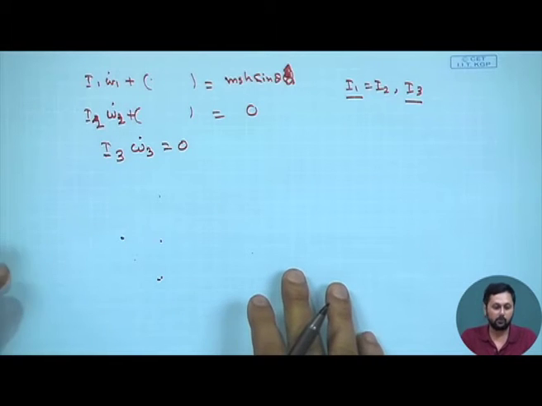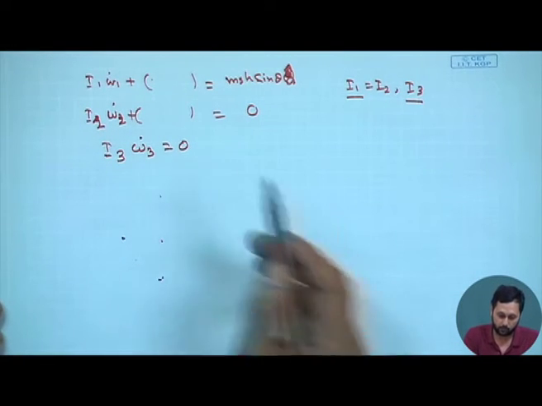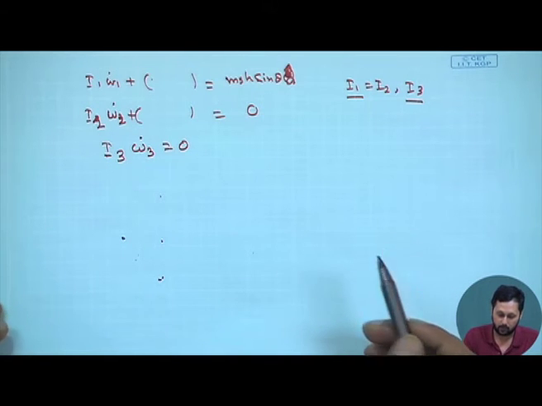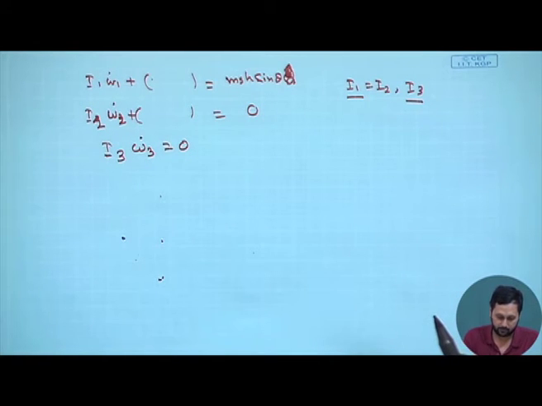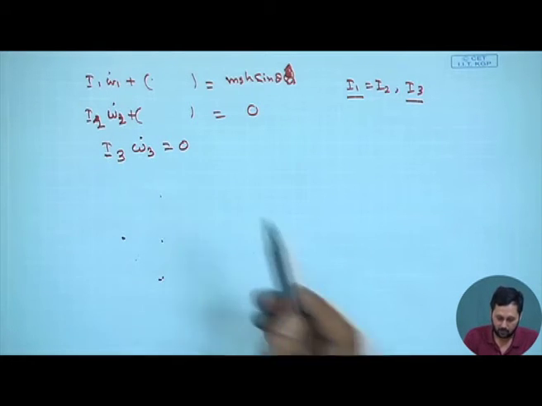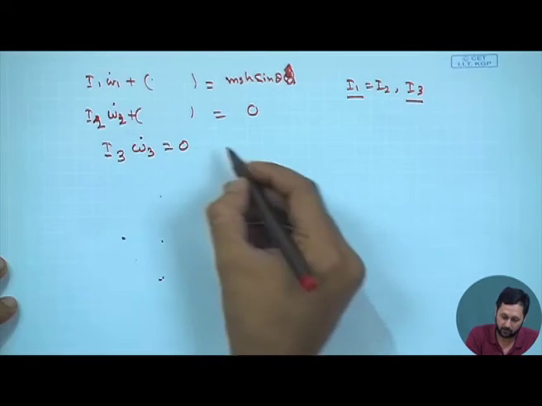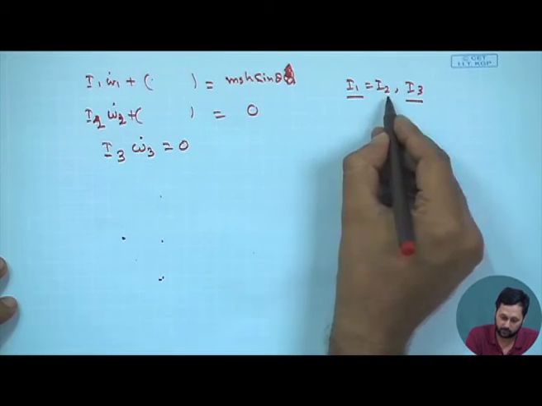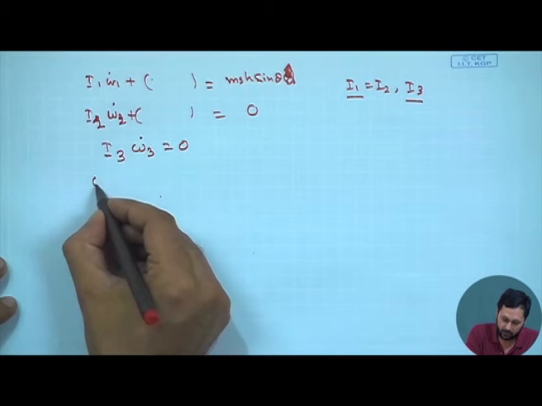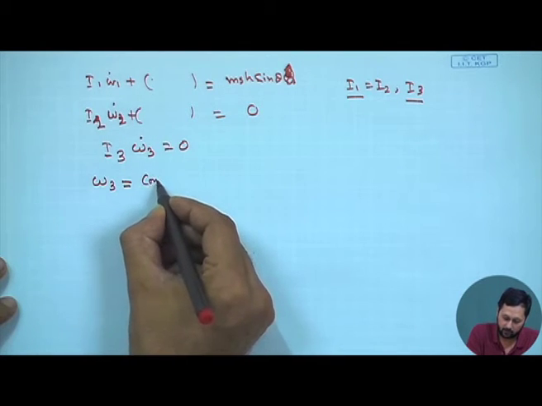I am leaving it to you as an exercise why this will come once we put psi equal to 0. Of course, you do not even have to put psi equal to 0. The third equation will take this form because the torque is 0 and I1 is equal to I2. So, from here we can get omega 3 is a constant.